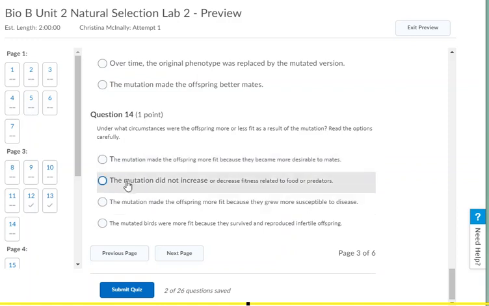The mutation did not increase or decrease fitness related to food or predators. The mutation made the offspring more fit because they grew more susceptible to disease. Is that true or false? If the mutation made the offspring, no. Okay, so that would be a false statement. The mutated birds were more fit because they survived and reproduced infertile offspring.